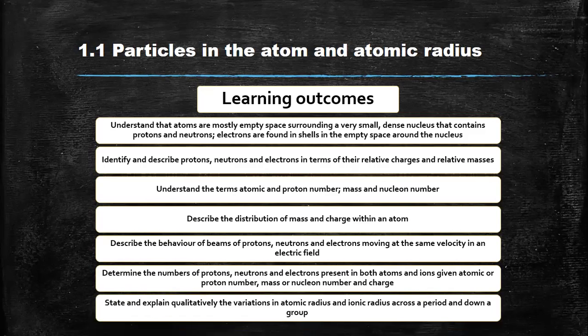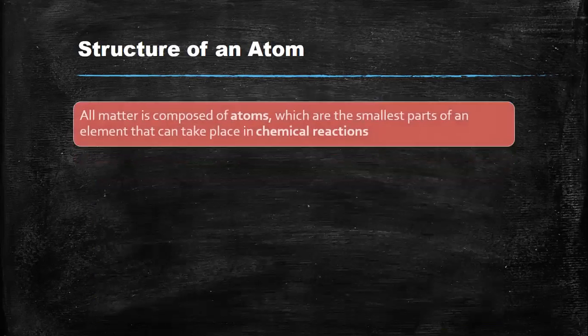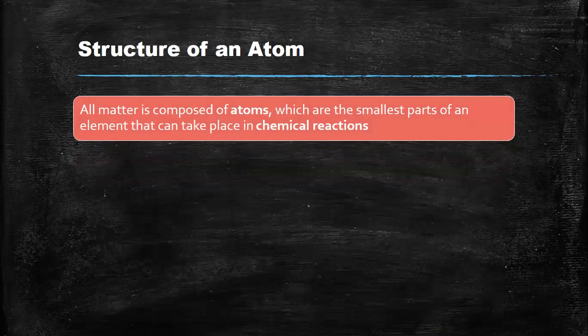State and explain qualitatively the variation in the atomic radius and ionic radius across the period and down the group. These are the learning outcomes of this topic. And now proceed to the topic number one, structure of atom.